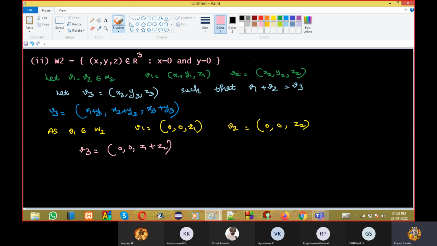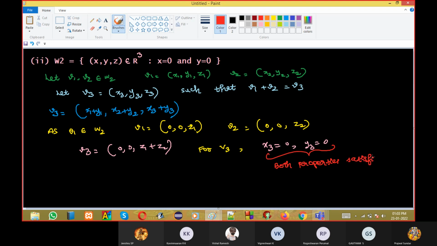Now if you observe carefully, for v3 I can say x3 is 0, y3 is 0. So clearly both properties are satisfied. So I can say v3 belongs to vector space w2. Property 2 is satisfied. Property 1, obviously it is non-empty. That you write, non-empty.